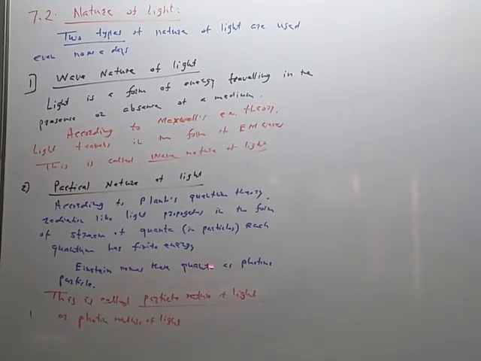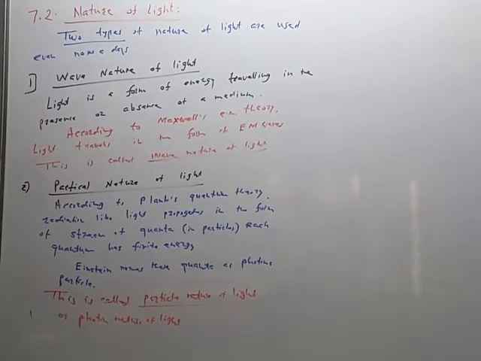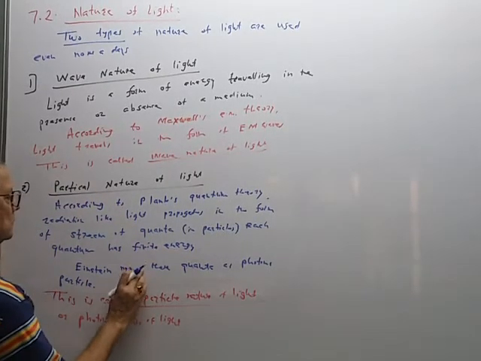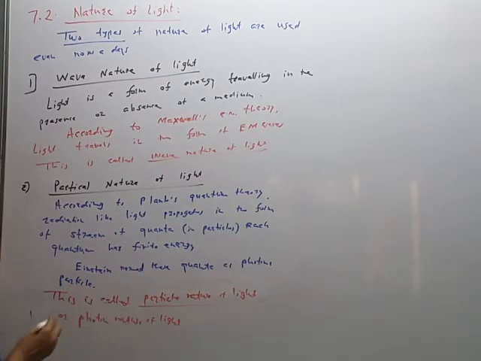Einstein named this particle the photon. So this is also called the photon nature or particle nature. First, we will consider this particle nature in detail.